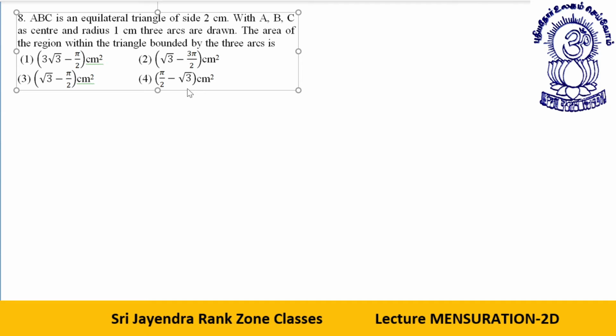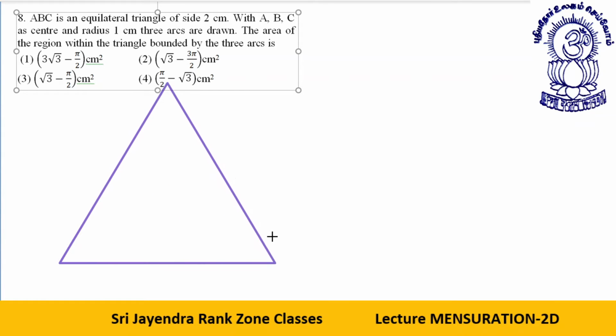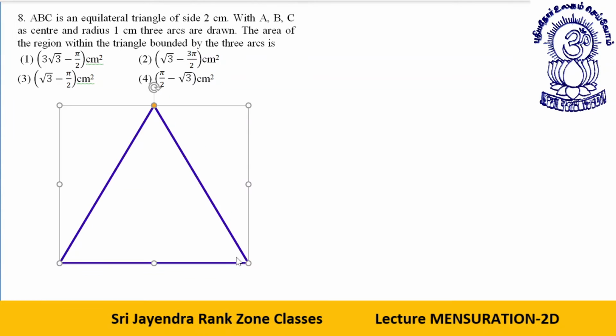This is your next question. ABC is an equilateral triangle of side 2 centimeter. With ABC as center and radius 1 centimeter, let's say this is A, B, C, each of the side is 2 and radius 1 centimeter.